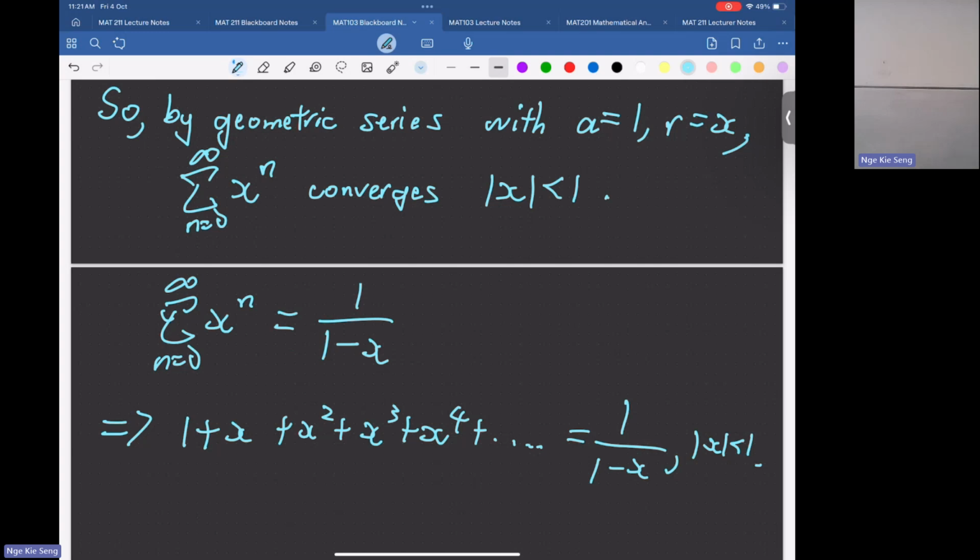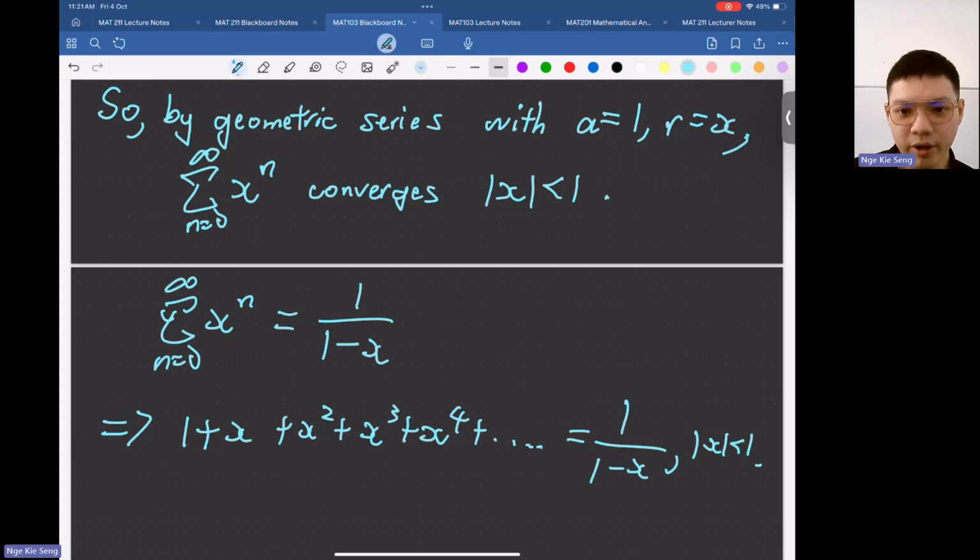But it turns out that this formula tells you how to do everything. So this is very important. Only when the absolute value of x is less than 1 can you do it. Other cases, not sure. Maybe it diverges. I think it diverges, right? Because we proved if and only if, so it must diverge at other places. Only in these cases you get this closed formula.